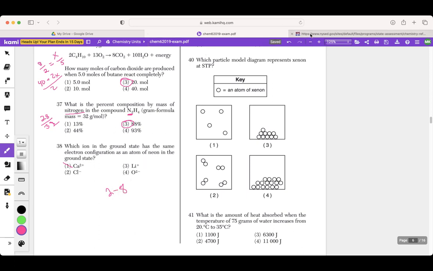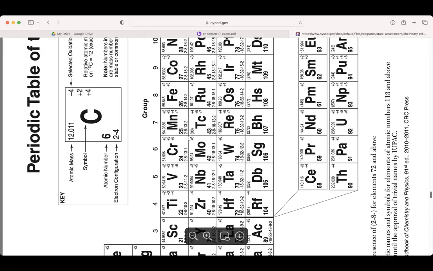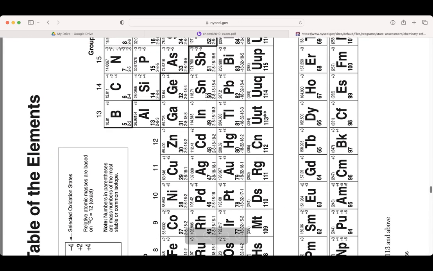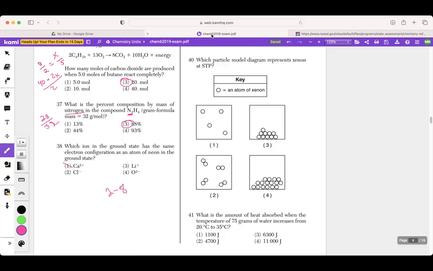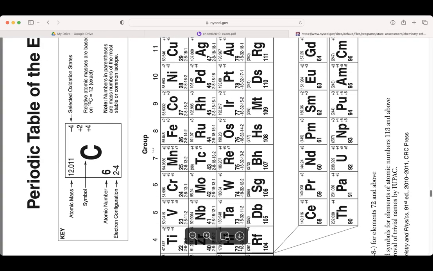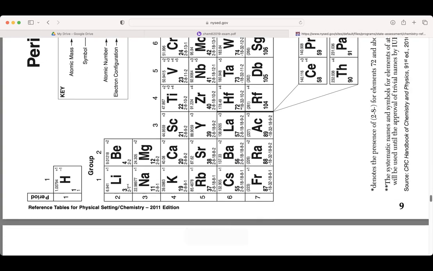Chlorine negative, so I added an electron. Chlorine normally is 2-8-7. If I add an electron, now I have 2-8-8. Also cannot be true. Let's look at lithium plus. So lithium, I'm going to be taking away an electron because I'm becoming positive.